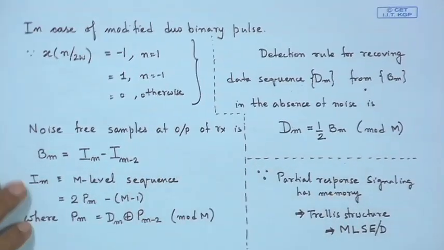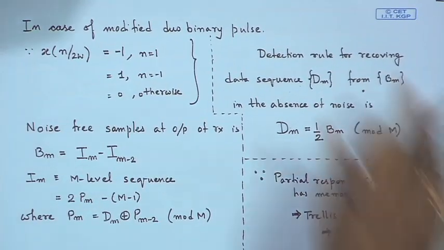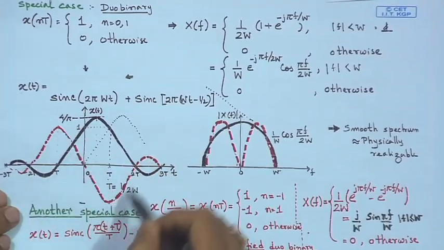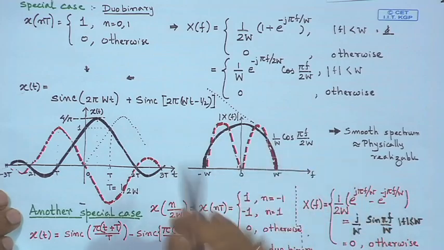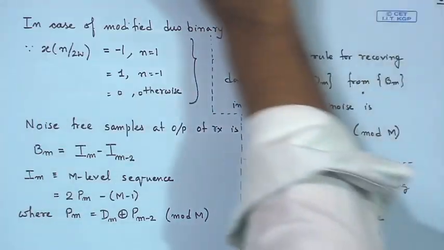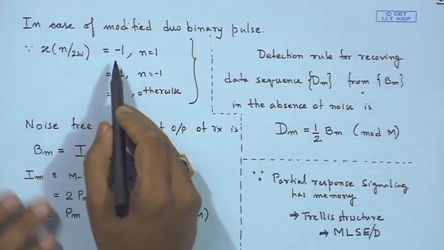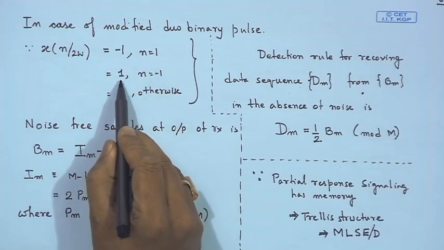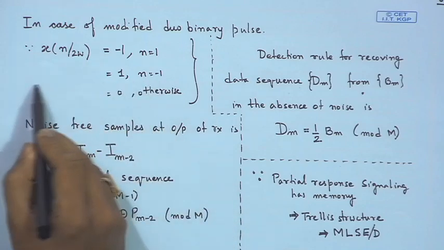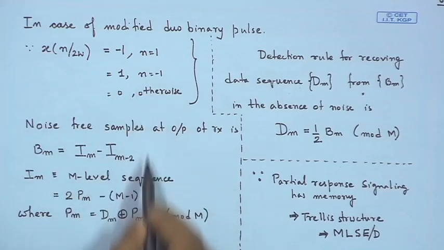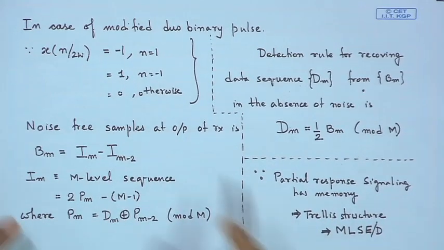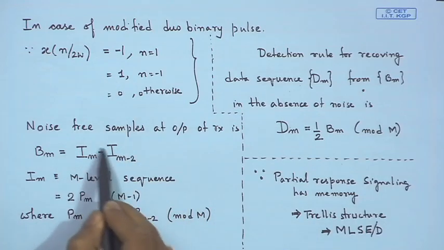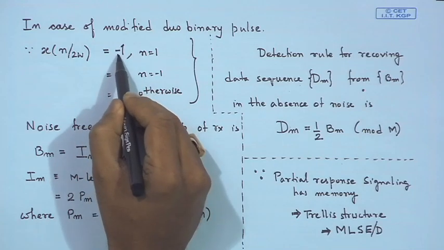So, in case of the modified, that is the red figure that we had shown, this is known as the modified duobinary, right. If we use the modified duobinary, so we have minus 1 at n equals to 1 and 1 at n equals to minus 1. So, at the negative side you had a plus 1, at the positive side you had a minus 1, and your demodulation would be a minus over here instead of plus because of this minus sign.